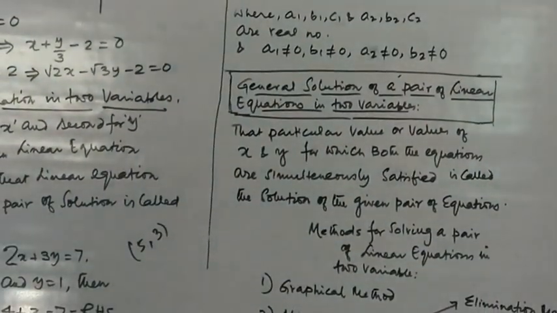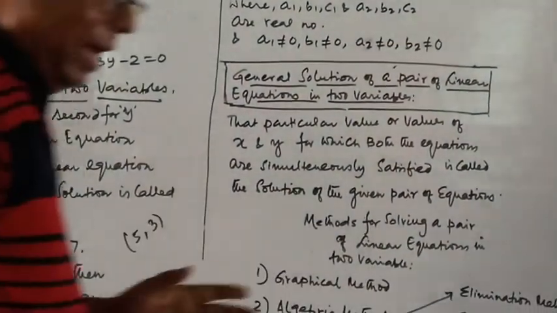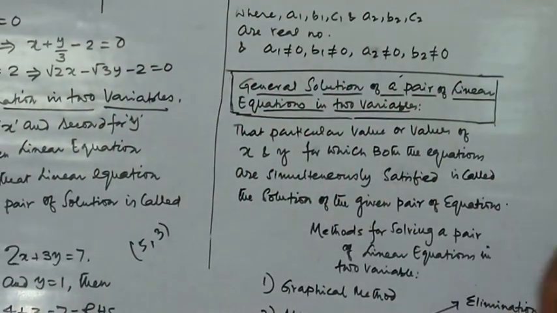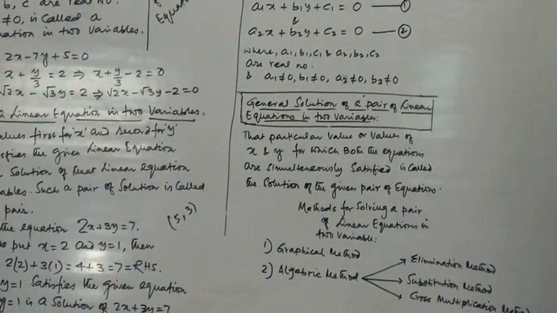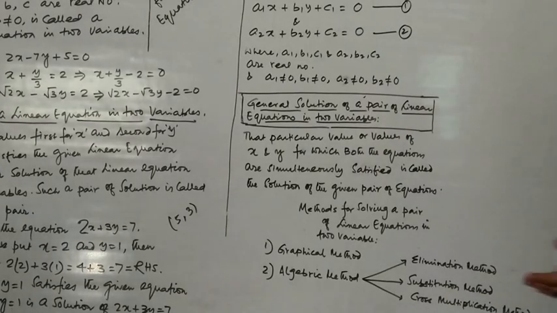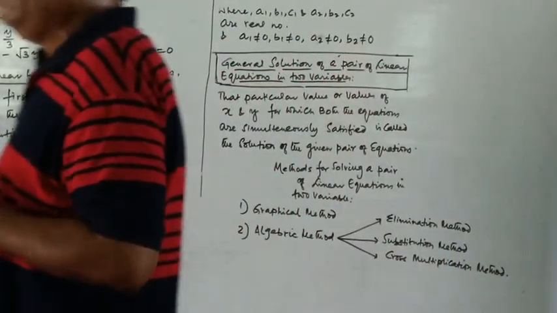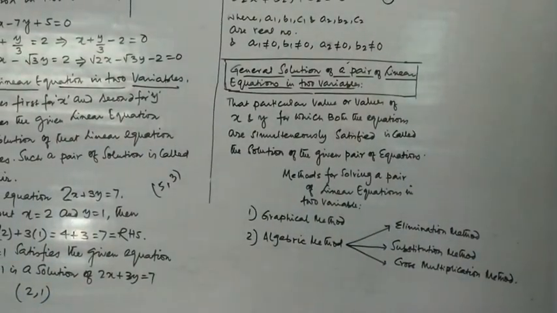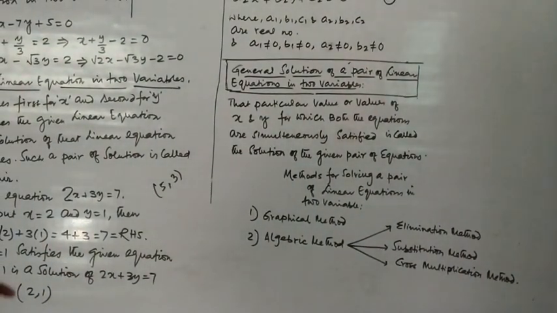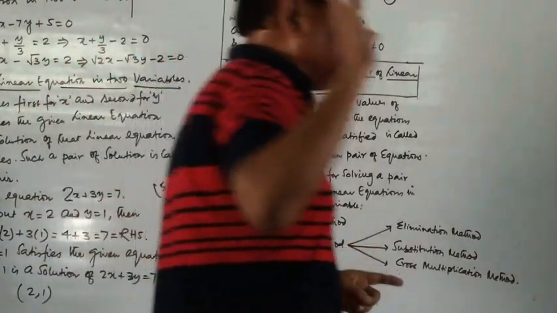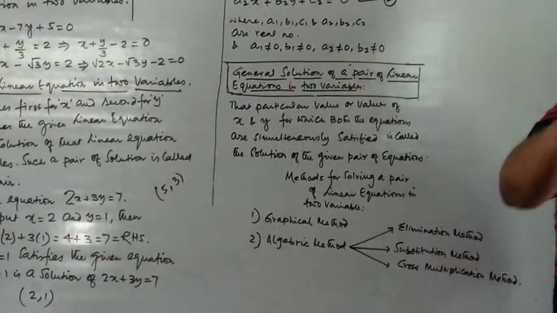General solution, what does it mean? Two linear equations are given to you. Now, you have to find the value of x and y for which both of the linear equations get satisfied simultaneously.